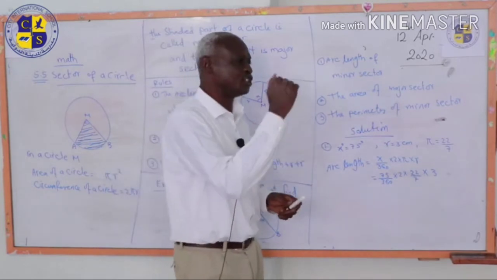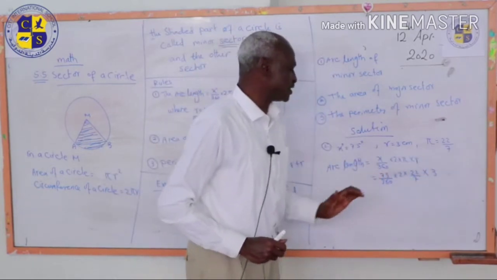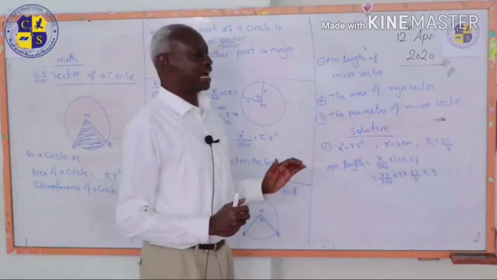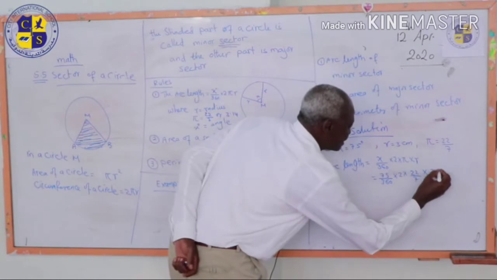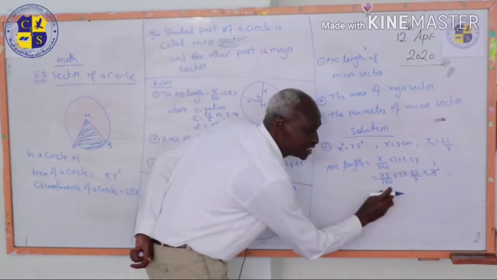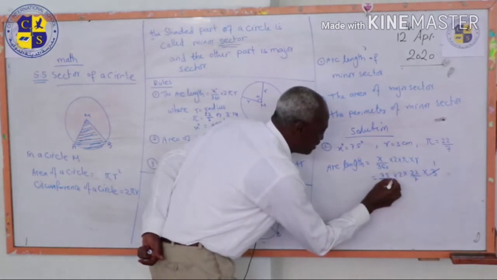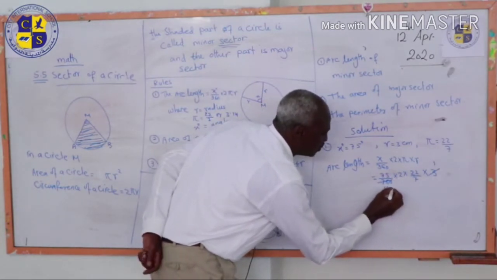If you want to reduce, you can reduce, or you can multiply the upper with the upper and the down with the down. So here you can cancel 3 divided by 3 equals 1. Now find a number down that can be divided by 3. Here 36 divided by 3 is 12.